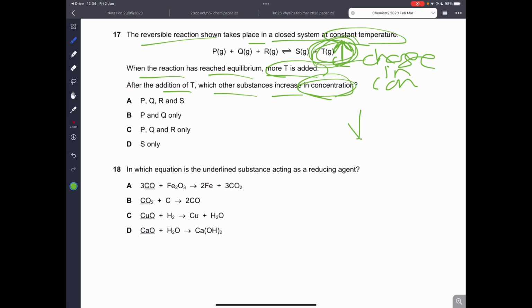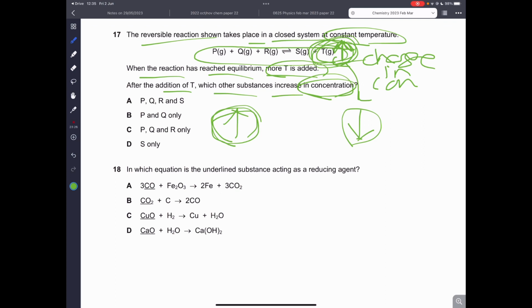So it's going to lower the T concentration. How, you may ask? Well, this is because it's going to go the backwards reaction, which is T plus S equilibrium arrow R plus Q plus P. And so the other substances on the left-hand side are going to increase.